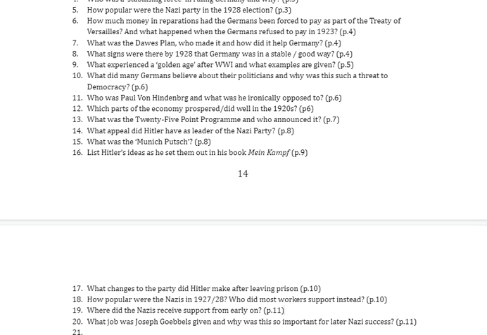Where did the Nazis receive support from early on? Well, they got support from anti-Semitic people, big business, who really were scared of the communists and believed that the Nazis were a good way of protecting themselves from these communists who wanted to take the wealth of the big, rich businessmen.